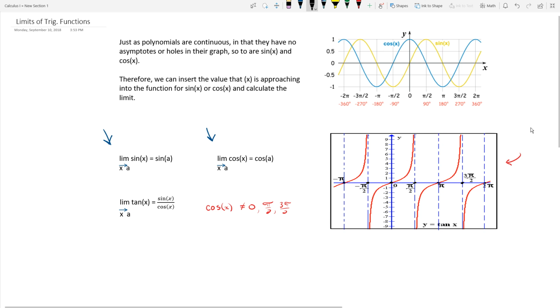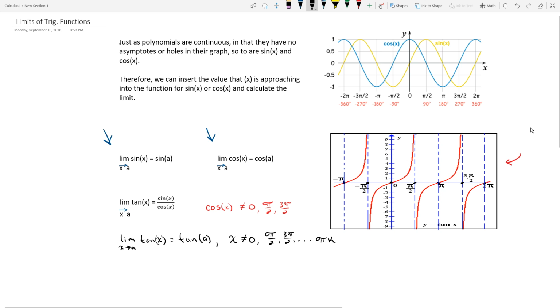So we can rewrite this as the limit as x approaches a of tangent of x is therefore tan of a, with the restriction of x not being equal to pi over 2, 3 pi over 2, and so on and so forth for each pi k.